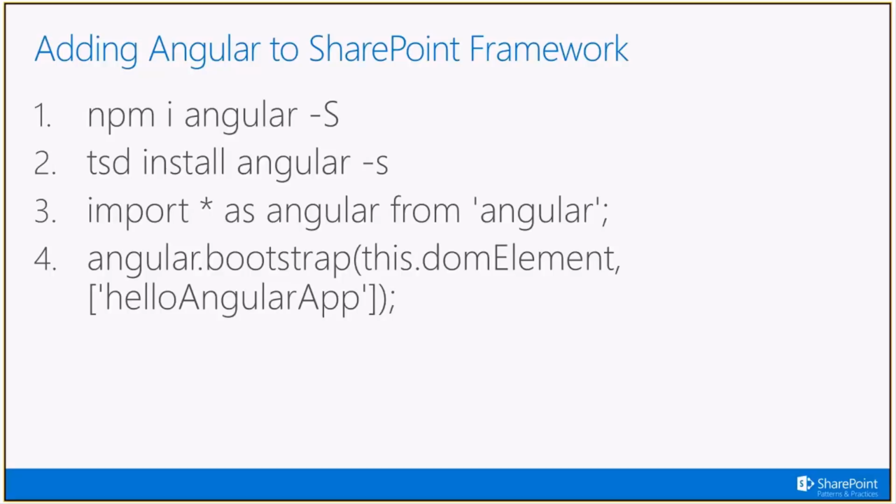Then we executed tsd install angular, and this will add the typings, so you will have IntelliSense in Visual Studio Code or whatever your development platform is. Then we moved into the actual client-side web part, the TS file, which is the visible part of the project for end users, and we added the import there so that we can use Angular inside the client-side web part.